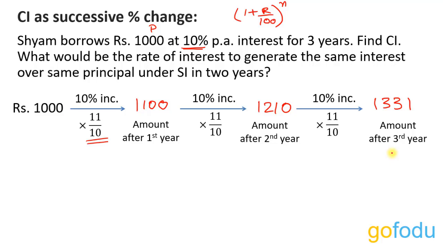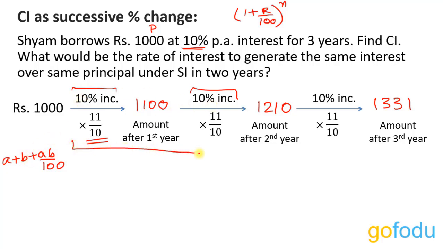If we have to find a single equivalent percentage change that's equal to two successive percentage increments of 10% each, you remember this formula, a plus b plus ab upon 100. It gives the equivalent percentage for 2 percentage changes by a percent and b percent successively. So here a and b are 10% each.